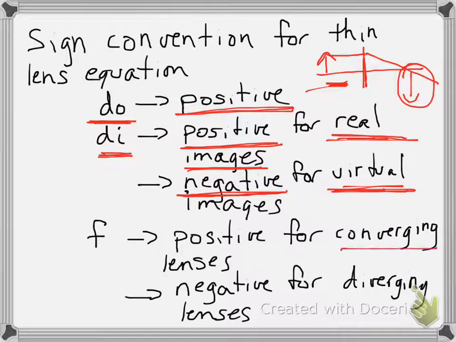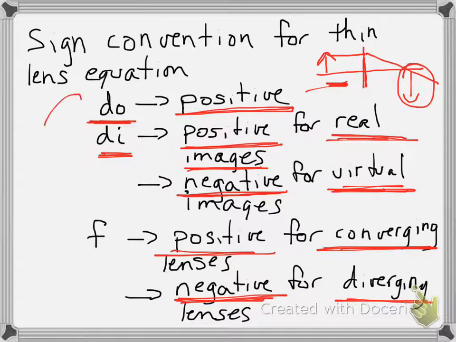Focal length is also important. If you're looking at a converging lens, which is a lens that we've been using in the lab, so it's really kind of bubbled on both sides, which is really called a double convex lens, then that focal length is positive. If it is a diverging lens, which means it dips in the middle, so it's really a double concave lens, then we would say that it is negative.